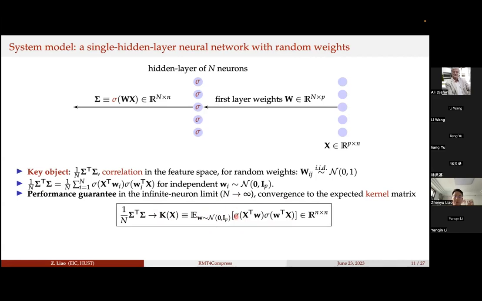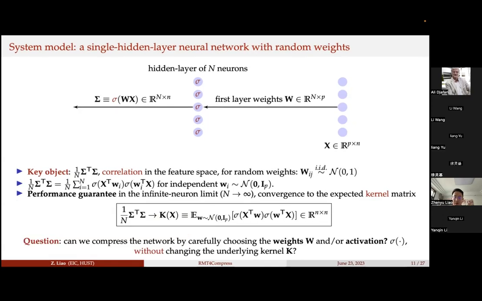So our objective in the following is to understand the structure and behavior of this kernel matrix K, and to find how this kernel matrix K depends on the distribution of W and the nonlinear function.